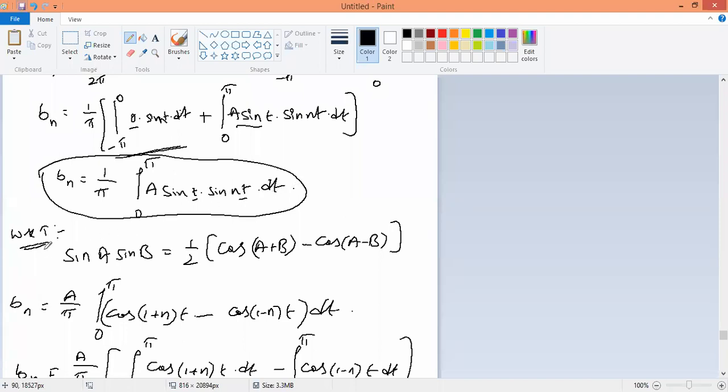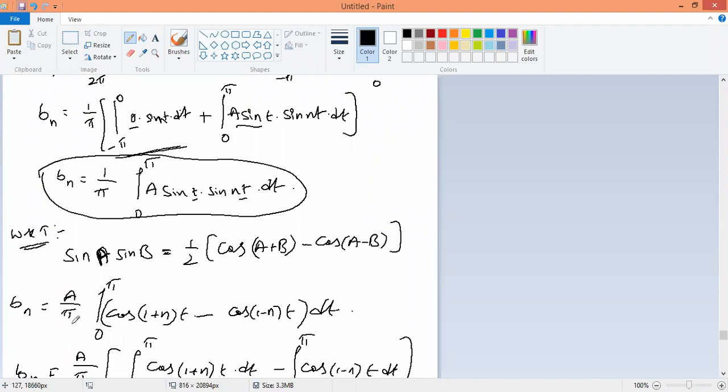Now we know the formula of sin a sin b. What is the sin a sin b formula? It is 1 by 2 [cos(a minus b) minus cos(a plus b)]. Here we have t plus nt, so taking t common gives 1 plus n into t.